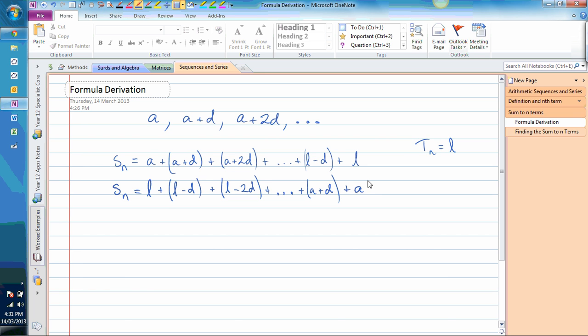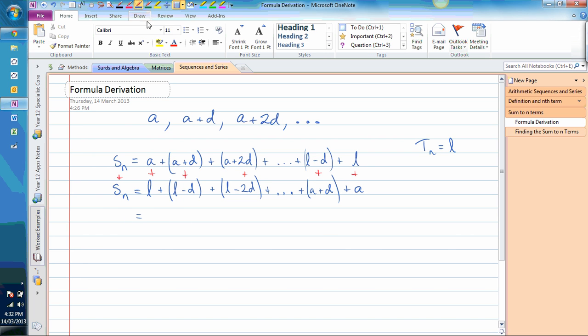Now, there's a reason that I have set this out in this way. These two lines are exactly the same. I just changed the order, and I'm allowed to do that. What I can do now is add these two together. I'm going to add the left-hand sides of these equations together, and the right-hand sides together, all the way along, to get another expression.